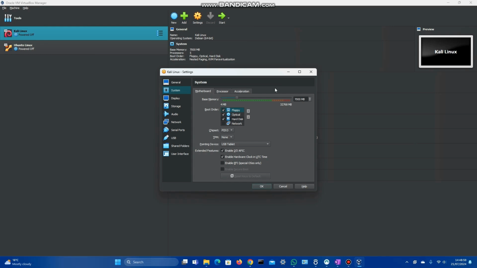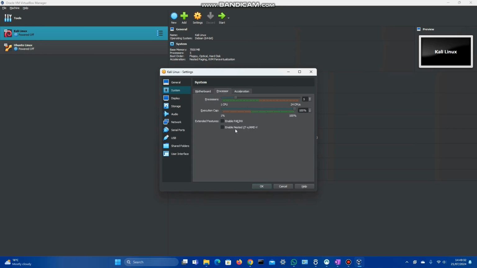So every time I power this up, 7 gigabytes are going to be taken away and allocated to the virtual machine. So essentially, every time I spin this up, I basically have 25 gigabytes available on my host machine.